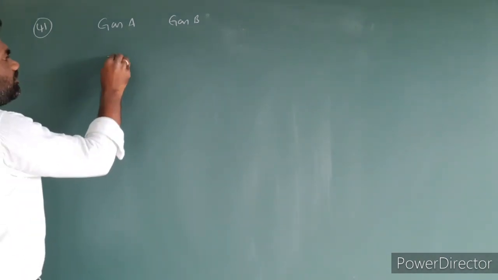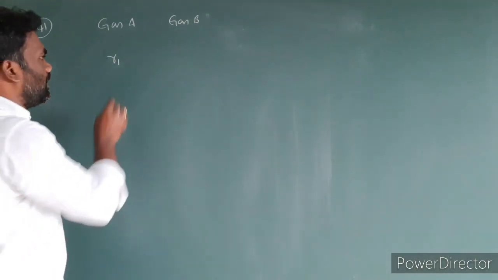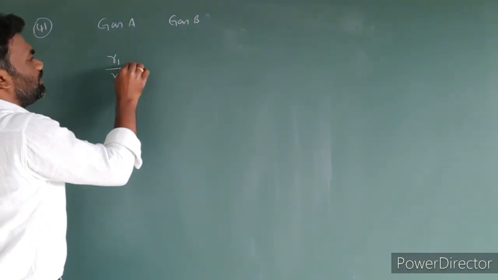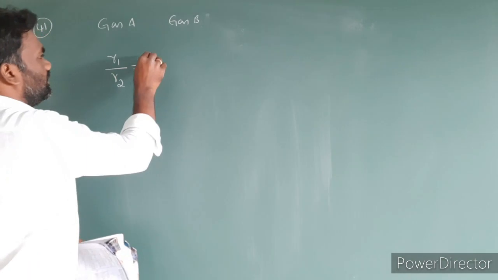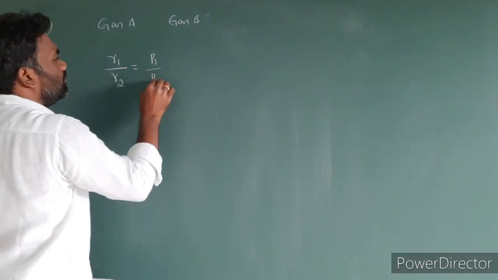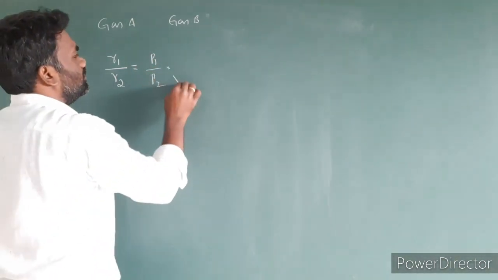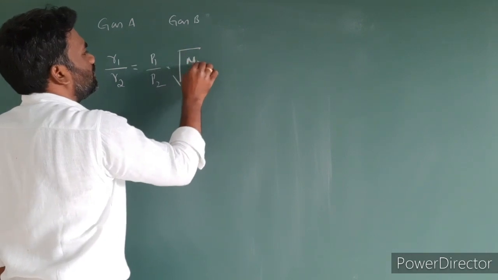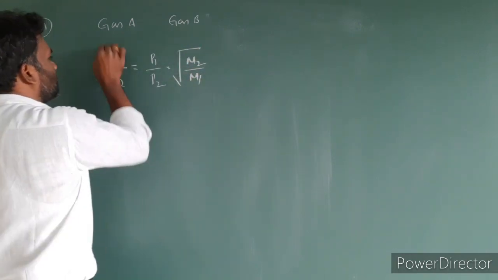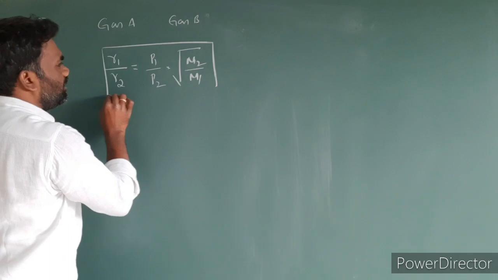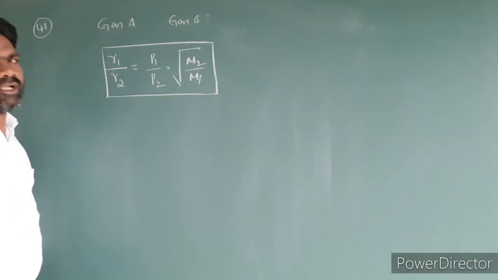So the formula we have, when two different gases are given and pressure is given, is R1 by R2 is equal to P1 by P2 into square root of molar mass of the second gas by molar mass of the first gas. So this is the formula we have to use.